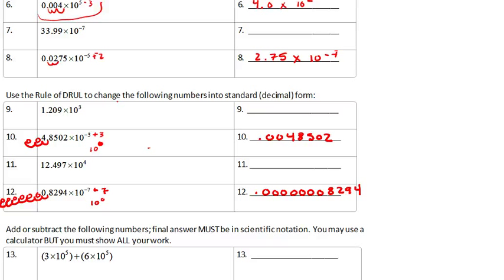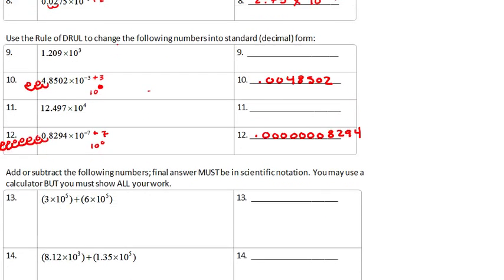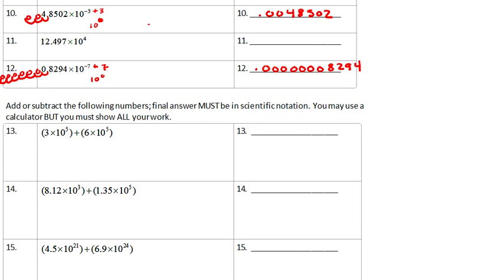Alright, now if you remember from last year, we learned about adding numbers in scientific notation. You don't want to have to convert these large numbers into standard form and then add them. So we've learned a process of leaving them in scientific notation.